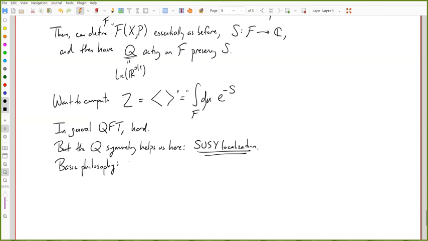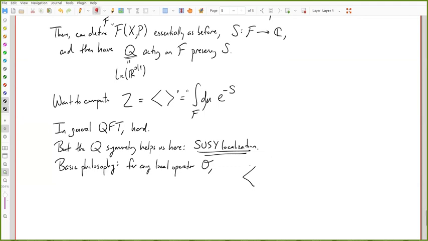The crucial equation is, for any local operator, or even string of local operators, we'll start with one local operator, that the vacuum expectation value, so the expectation value of the operator O could be anything.